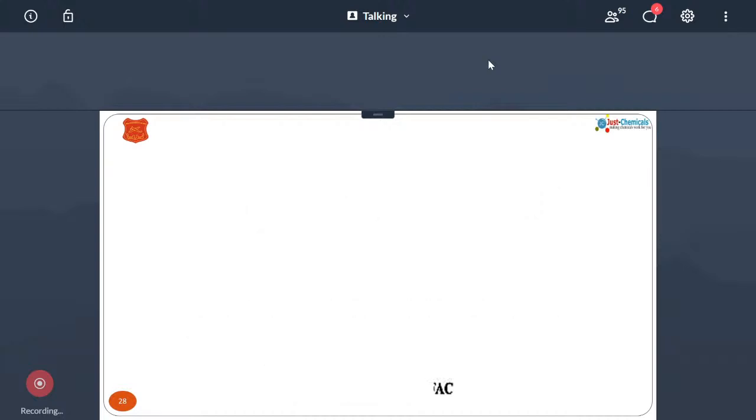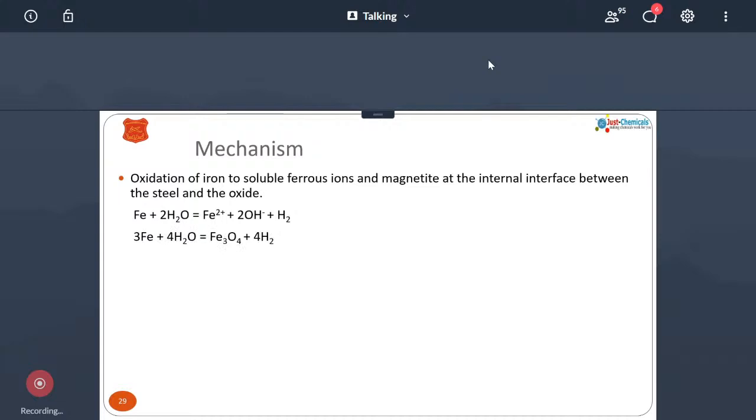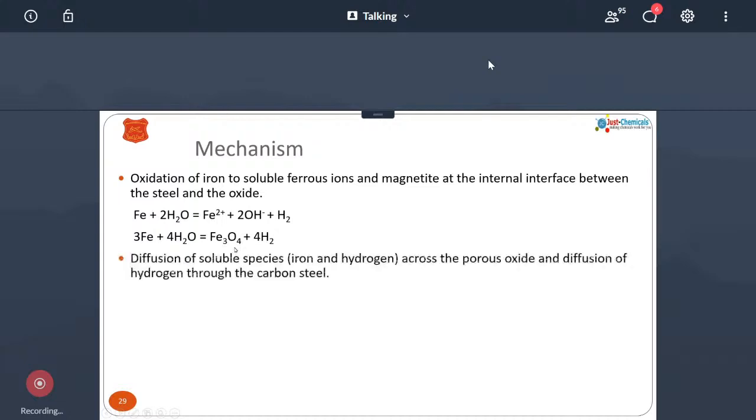The mechanism of this oxidation is written here, how the magnetite layer was forming, and then this magnetite layer was getting diffused of soluble species, iron and hydrogen, across a porous oxide diffusion layer, because magnetite occurs in 2 layers.